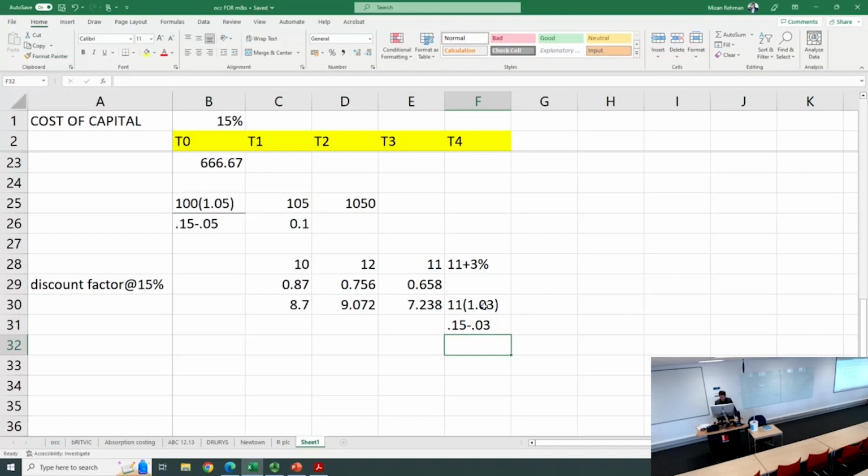So we need a bit more calculation here. And when we apply this formula, we will have a value a year before.